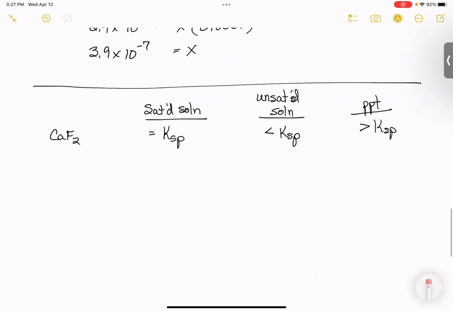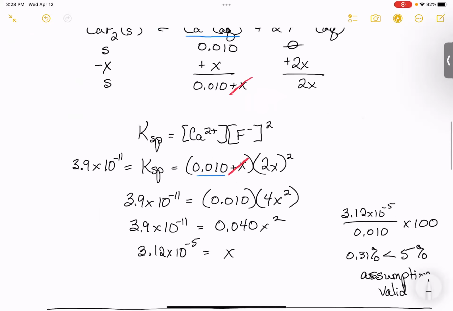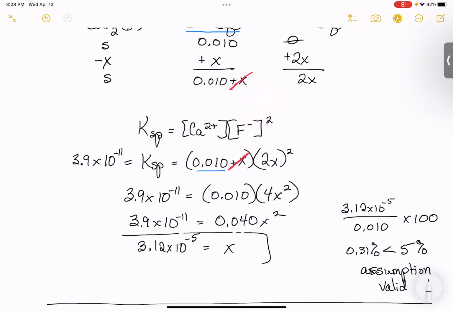When we were in 0.01 molar calcium nitrate, what we found out was this molar solubility of 3.12 times 10 to the minus 5.